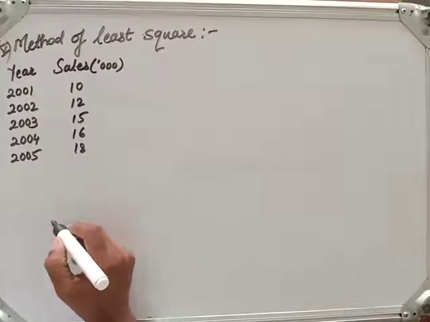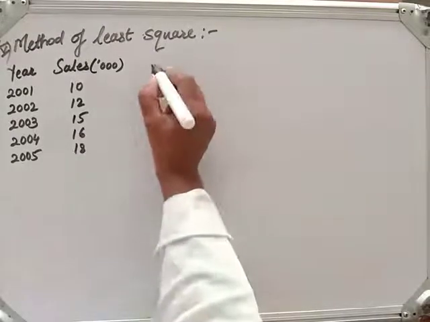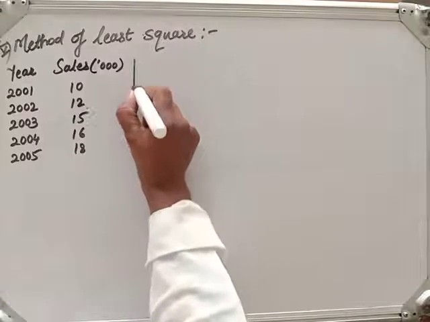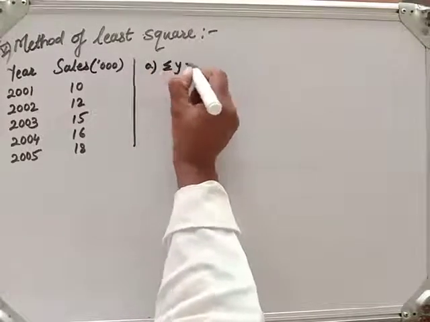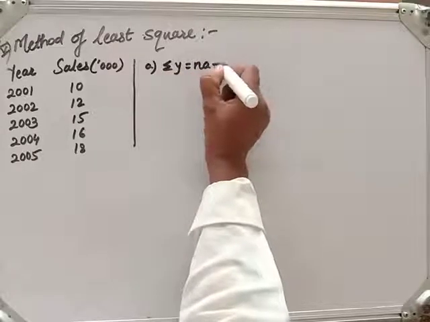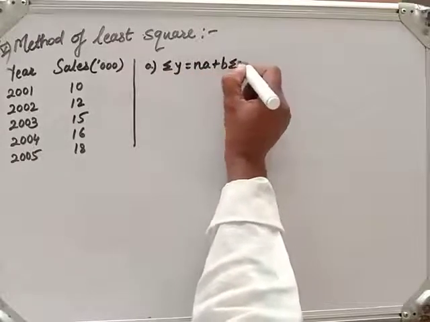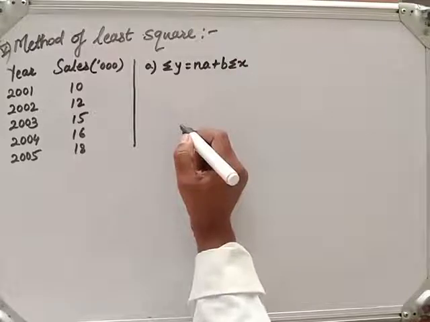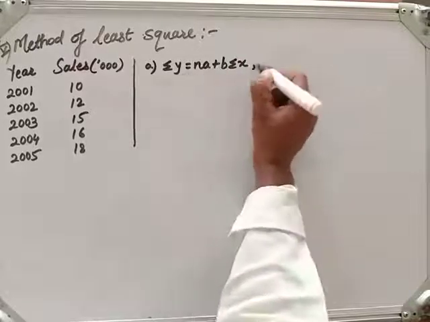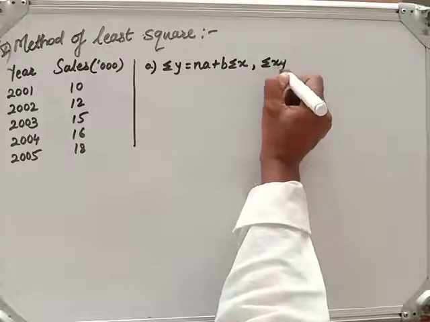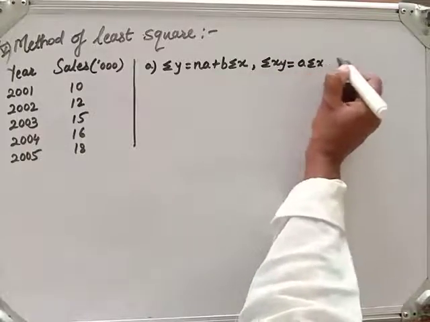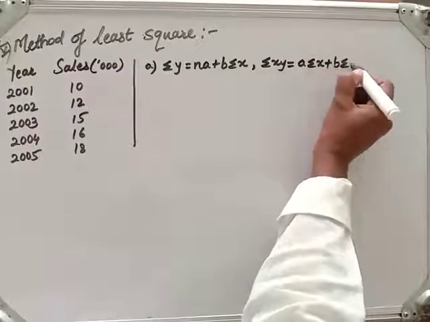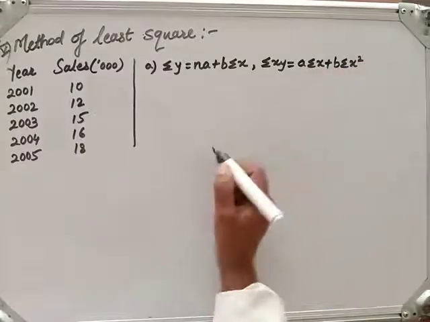Now some questions are asked here. Let me write the questions. First question: summation y equal to na plus b summation x, we have to determine. Then summation xy equal to a summation x plus b summation x square. These are the equations of the least square method.